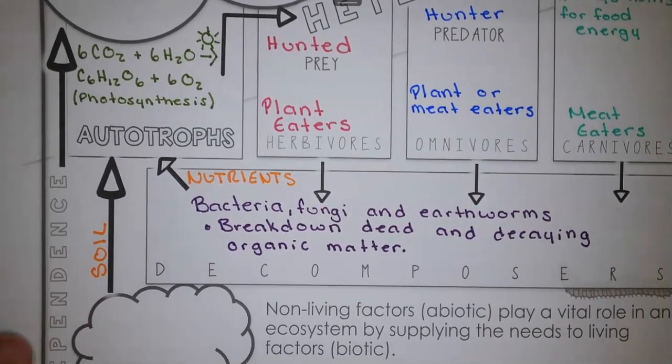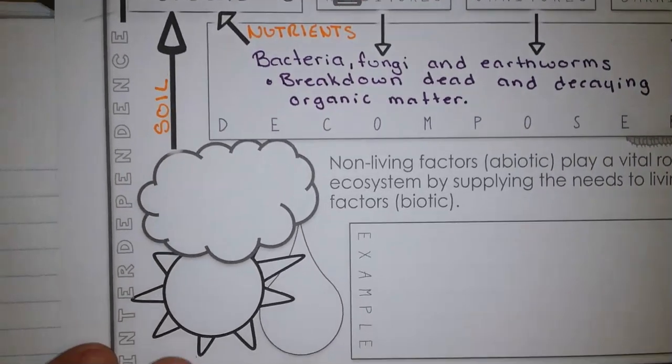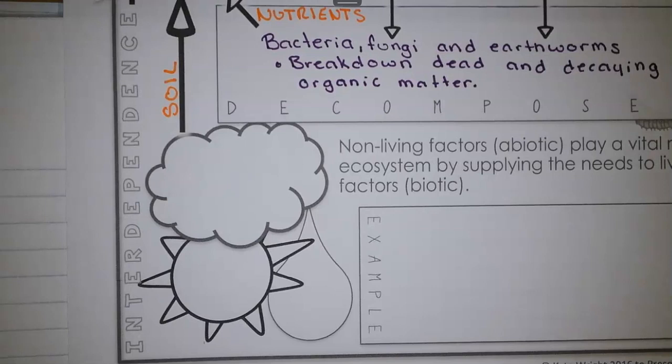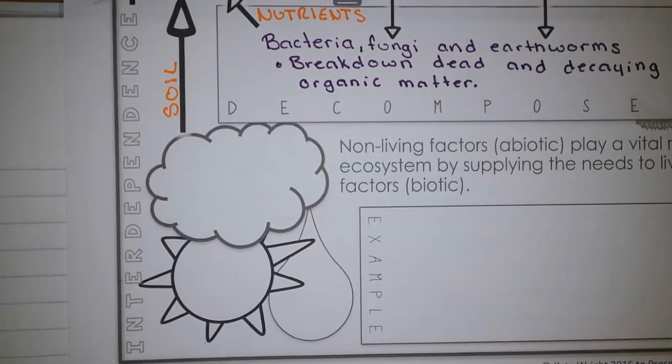Now, what else do autotrophs need? Well, they will be needing carbon dioxide, right? So those are our reactants in our formula for photosynthesis.